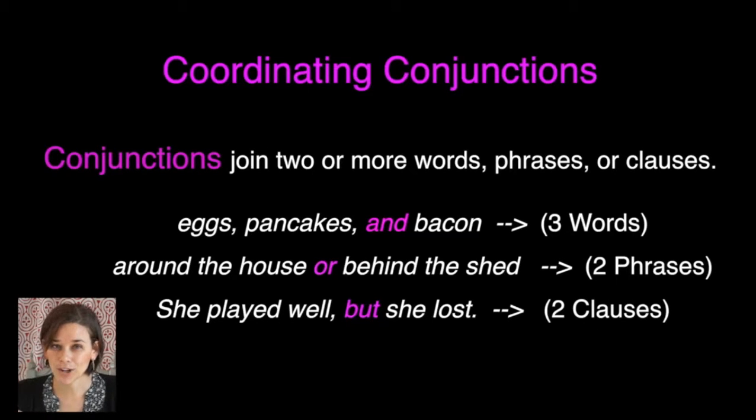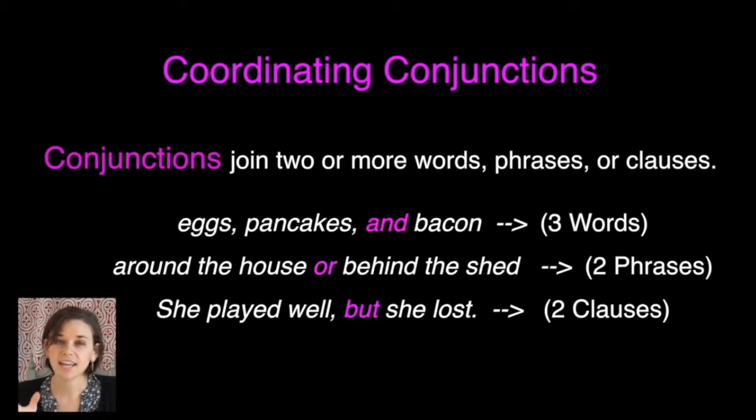Now, you know what a word is, and we've talked about phrases already. Phrases are groups of words that don't have a subject and a verb. We haven't yet studied clauses, so don't worry about understanding exactly what a clause is. We'll get to that a little later, but you should memorize that as part of the definition of a conjunction.